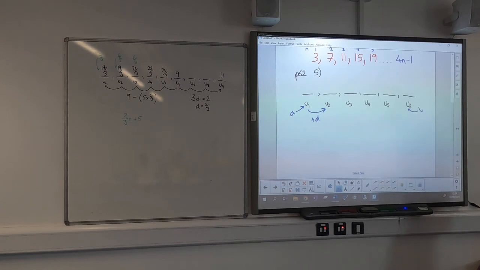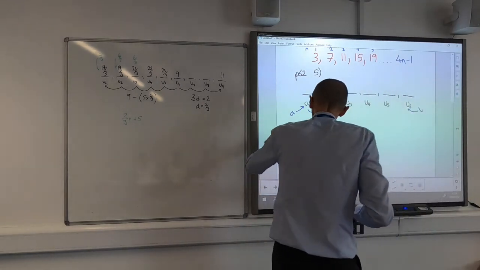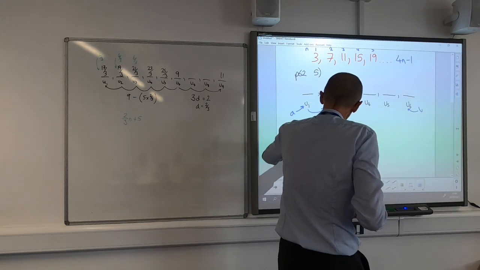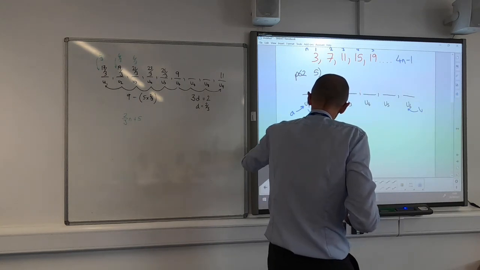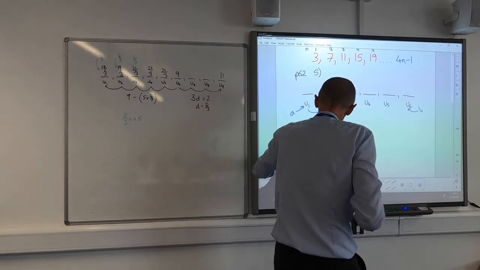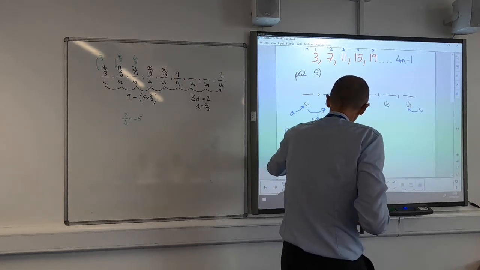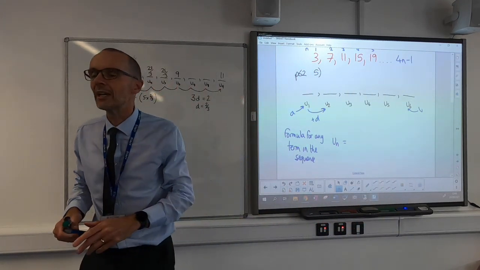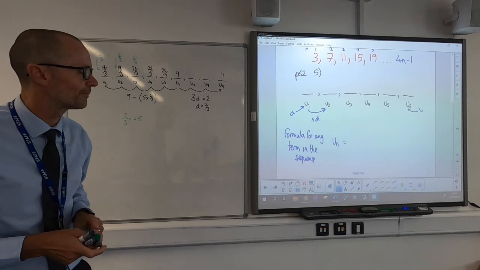So the first thing I want to do is to have a formula for any term in the sequence, which I'm going to call Un. So I want to work out any term in the sequence.